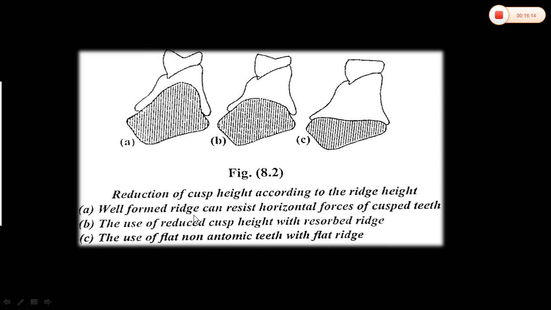The well formed ridge can resist horizontal forces of cuspal teeth. As the height of the ridge resorbs, we have to alter the cuspal height. The more the ridge resorbs, we have to keep a flat surface of the tooth. The use of flat non-anatomic teeth with flat ridge.